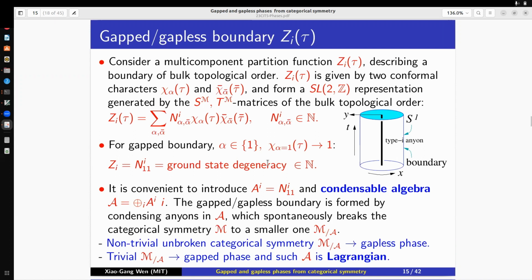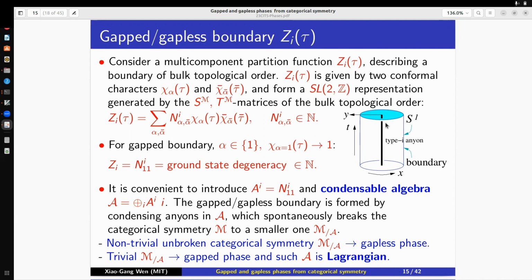But this constant term a_i has to be an integer. It actually describes the degenerate ground state. That means the boundary also has an energy gap, and there may be ground state degeneracy. So this n_i or a_i just describes the ground state degeneracy. So this a_i, n_i, or Z_i are all the same thing. They are really describing the degenerate ground states in each sector. The sector means I insert a quasiparticle in the bulk. Then we ask whether the boundary has a degeneracy or not.